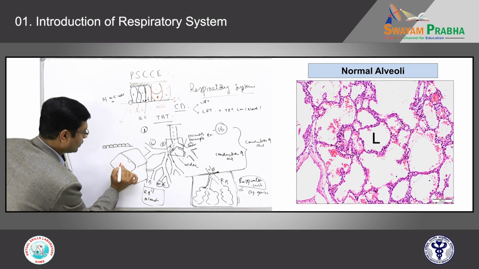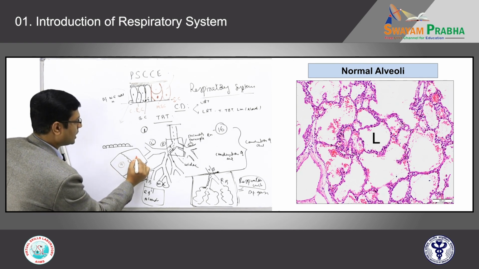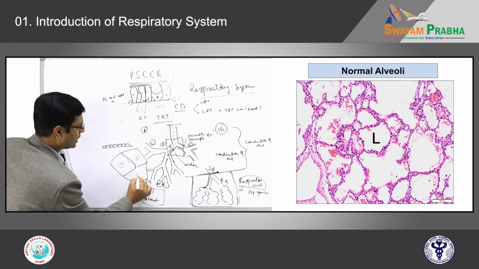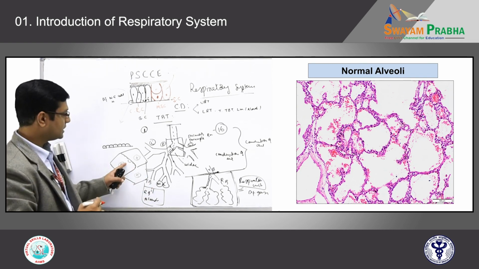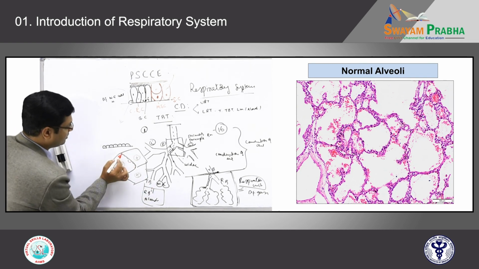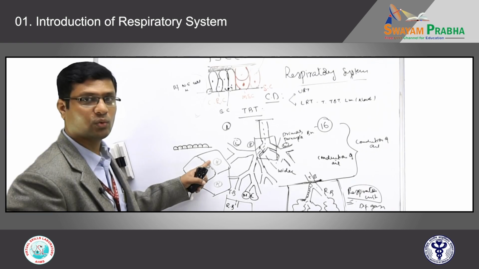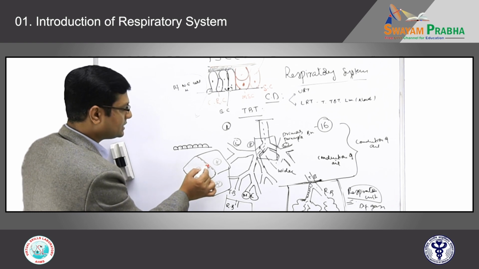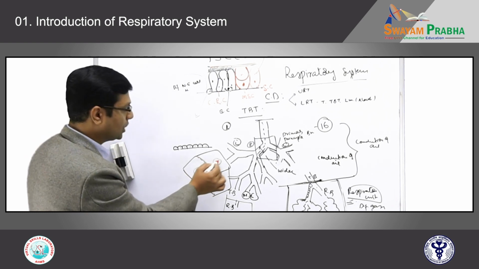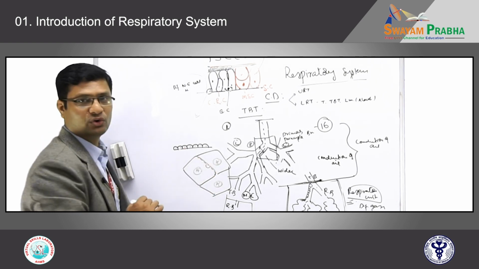This is one alveolar lumen, and this is another alveolar lumen. These individual alveoli are separated by a thin septum. We call it the interalveolar septum. Why is it called interalveolar septum? This septum is common for both the alveoli. It separates these two alveoli.